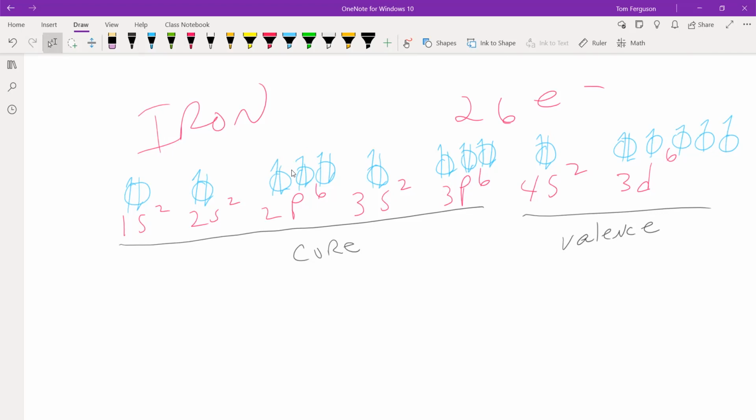So do we have any full subshells? Yeah, we do. We have the S at 4s. That's full. Its capacity is 2, and we have 2 in there. Do we have any half full subshells? No, because the D's are neither full nor half. So what can we do to make iron more stable by forming an ion? What could we do?